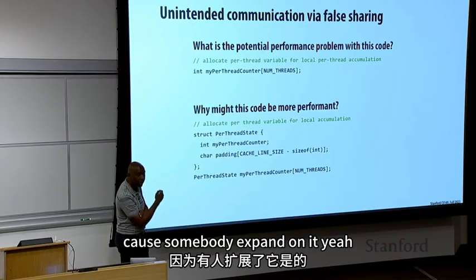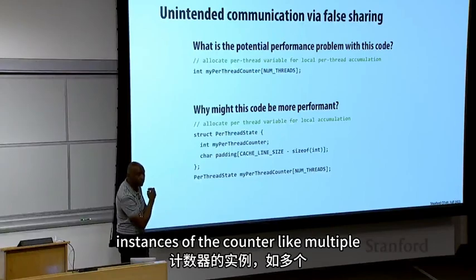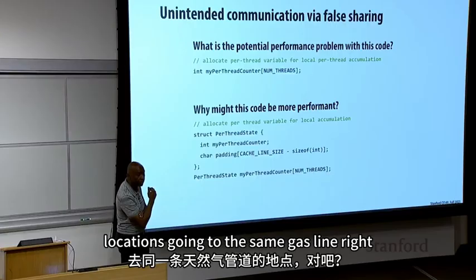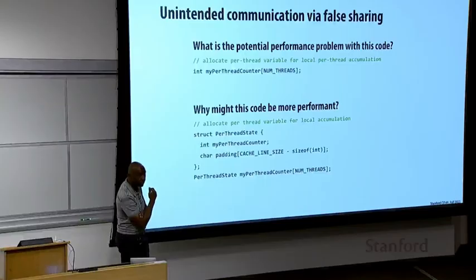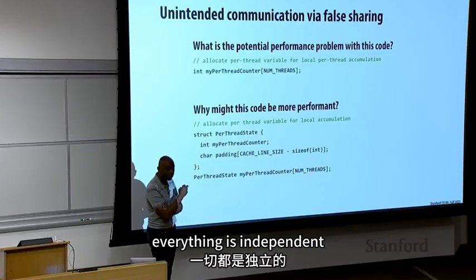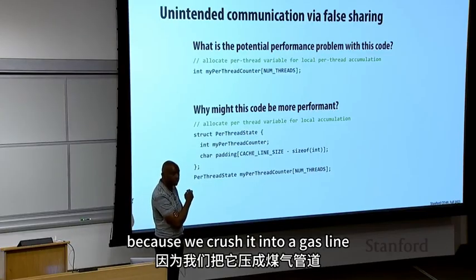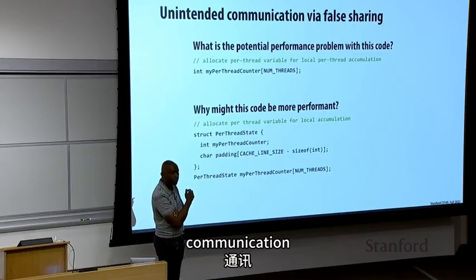Can somebody expand on that? Yeah. In the first case, you could have multiple instances of the counter, multiple locations going to the same cache line. Whereas in the second one, you ensure that each one is exclusive to a line. So there's no contention. In the first case, we're going to have communication.